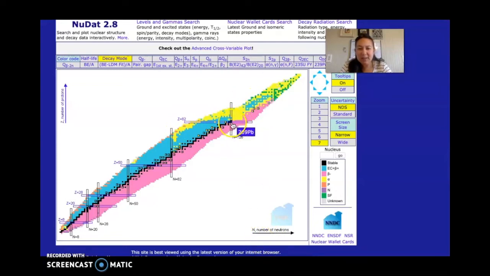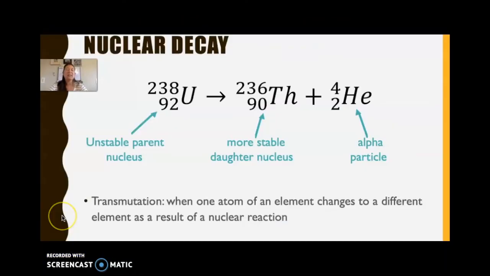Notice that everything past about this point over here, everything past lead, is inherently unstable. There is no way to make a roentgen atom stable in any configuration of its nucleons. Alpha particles are emitted when the nucleus is just too big and it's trying to eject particles as quickly as possible to reach stability. So now I'm going to introduce how to write this in a decay equation.